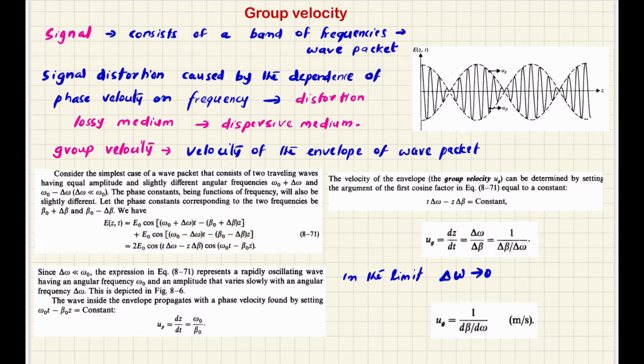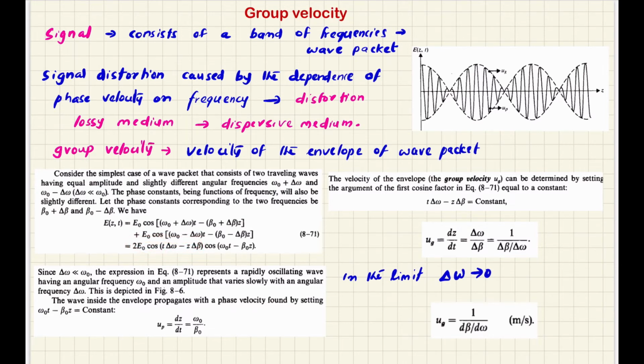You can take E0 outside and simplify this expression using trigonometric relations and arrive at this expression. It has an amplitude 2E0, this term is the usual phase term, and even though the amplitude is 2E0, there is an additional cosine variation to the amplitude.